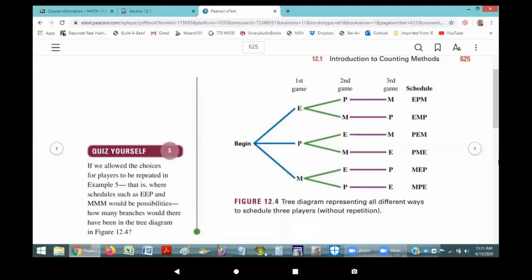And we want to know how many branches would there have been in the tree diagram if we had allowed repetition. So for example, with repetition, the second game could have gone to any of the 3, just like the first game.